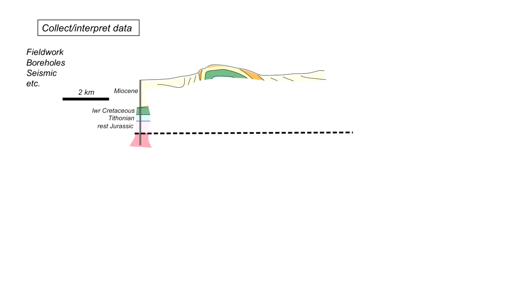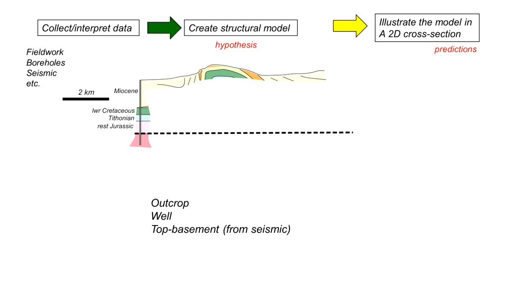It also shows information that we might get on an adjacent well that allows us to understand the stratigraphy at depths below that exposed outcrop. I've also shown a dashed line in here, which is a seismically imaged top of basement, if you will. So outcrop, well, and a top basement horizon from seismic. And these are the basic data that go into our structural model.